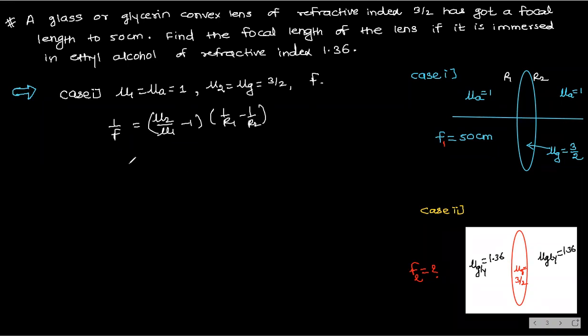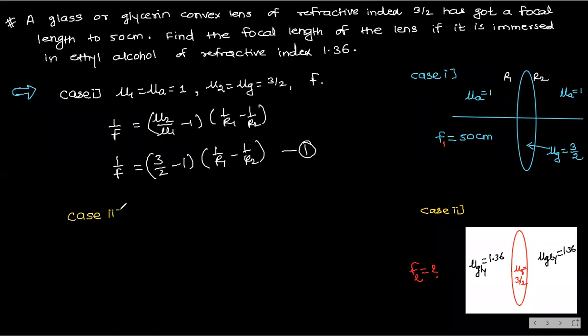So case 1 के लिए you will get equation 1 by F is equal to 3 by 2 minus 1. है ना, 3 by 2 by 1 means 3 by 2 only. And this one I am keeping as it is. Okay, understood. Next, case 2 देखो.